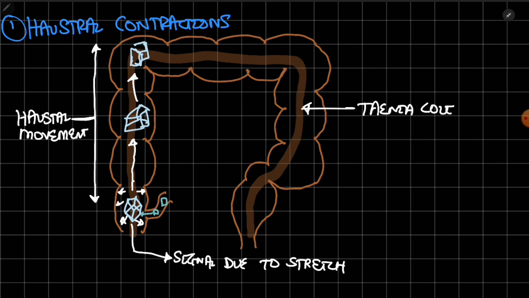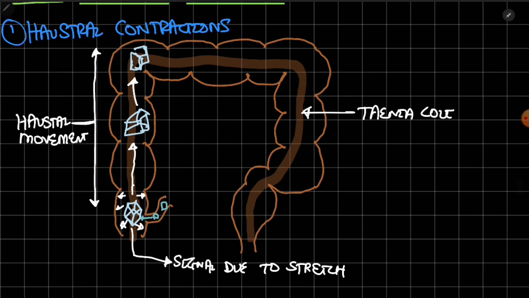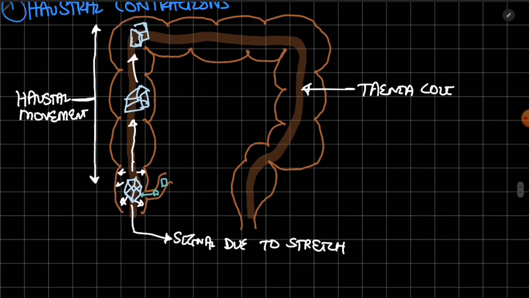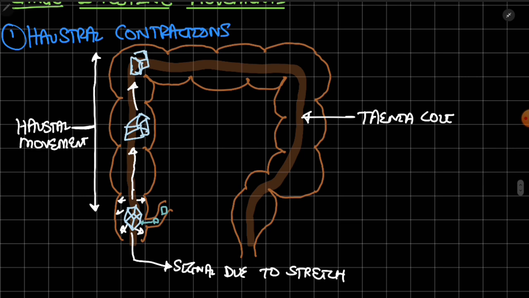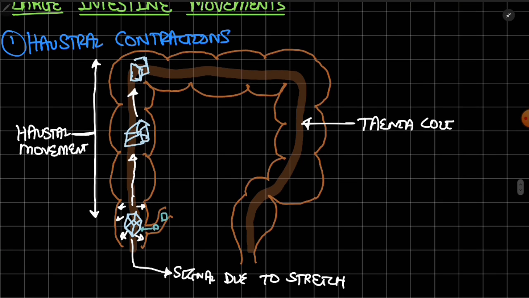What did we say in the haustral contraction? At first, food comes through the ileocecal junction. Our paneer creates a stretch signal. The myenteric plexus sends efferent fibers. Haustrations occur as the taenia coli contracts, and these simultaneous contractions and relaxations of the taenia coli will ascend our food towards the transverse colon.